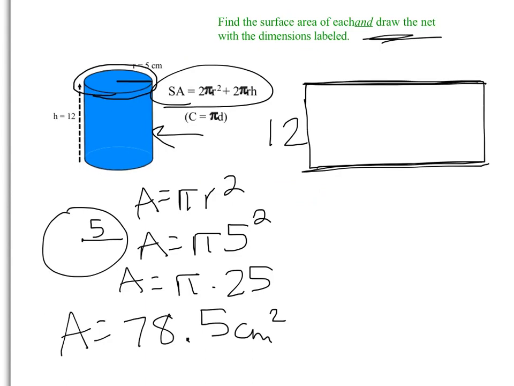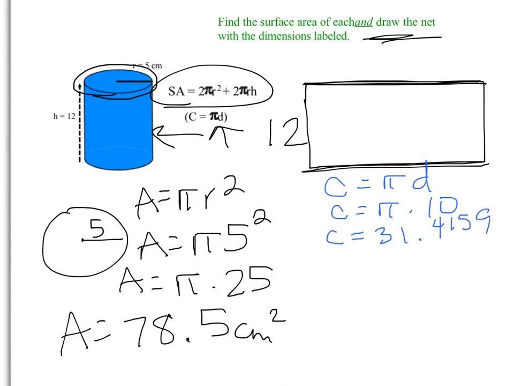So we're talking about the circumference here. Okay? The circumference is pi times diameter. So let's find pi times 10. Since my radius is 5, my diameter is 10. So the circumference is 31.41592, and it keeps going on and on.